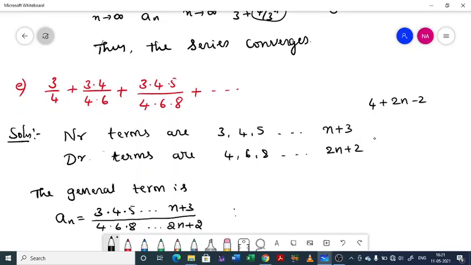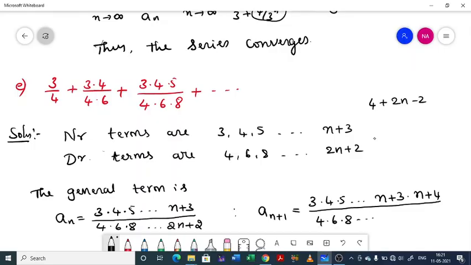And you can guess the next term, a n plus 1 equal to 3 into 4 into 5 and so on, n plus 3 into n plus 4, divided by 4 into 6 into 8 and so on, 2n plus 2 into 2n plus 4.